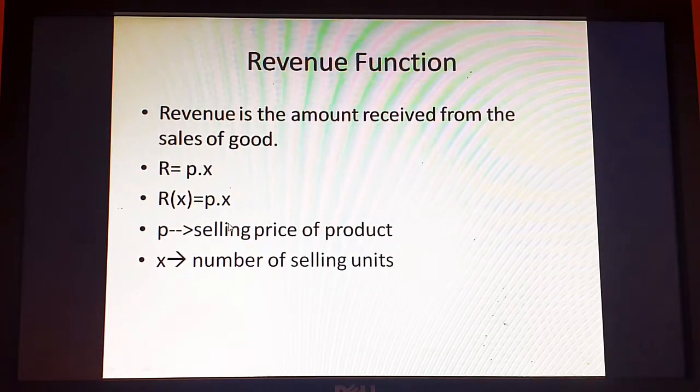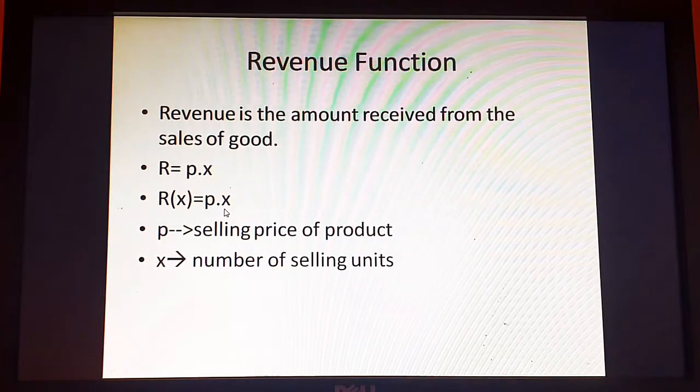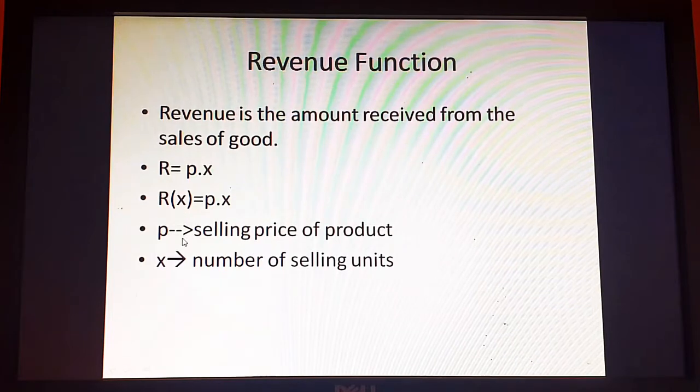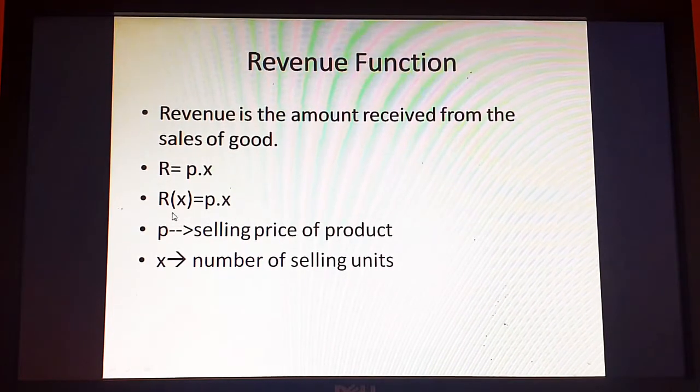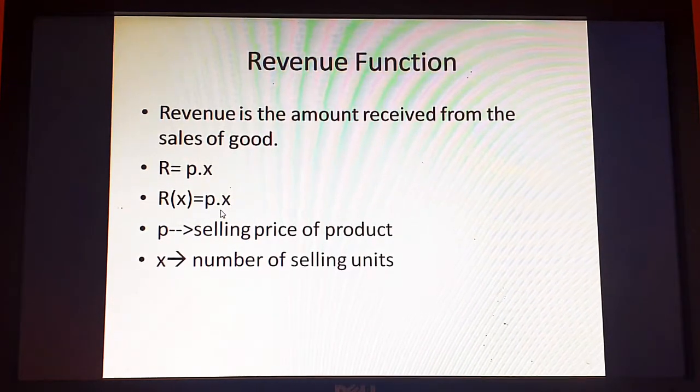Multiply these two and it will give you the revenue: selling price times the number of units sold. X is your number of selling units and P is the selling price. So remember this important formula, R of X is equal to P times X.